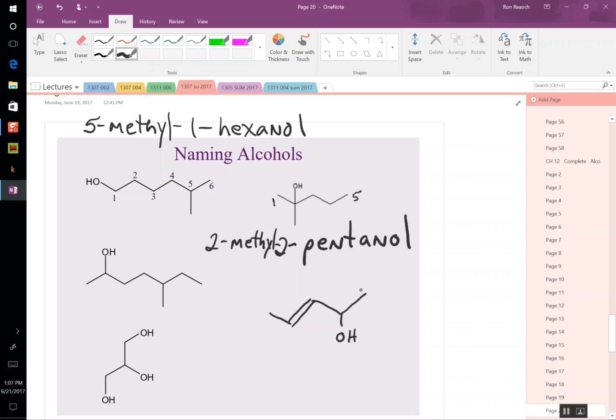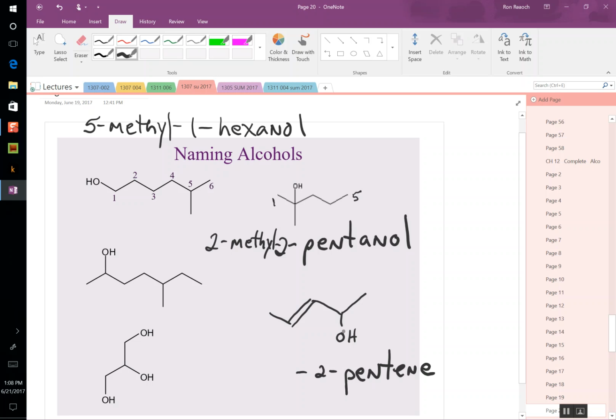So pentene. We're going to call it pentene. We don't have a way to handle the double bond as a substituent, so we're not going to do that. The ene is part of the parent name, so where does the double bond begin? On the second carbon. So we're going to number the chain based on the double bond, because that is the basis for this parent name.